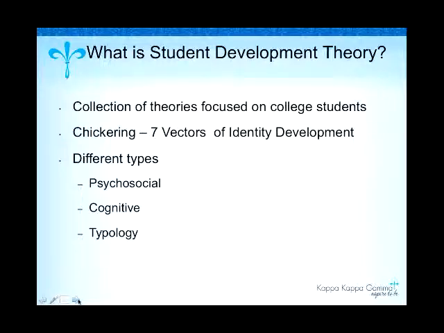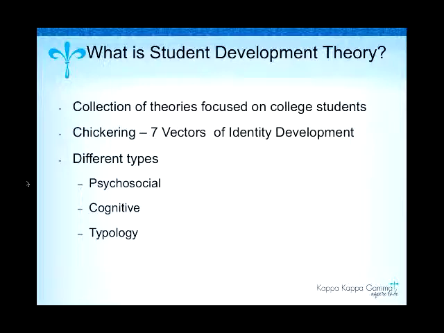And then the seventh vector is developing integrity. So the human values, personal values, and developing congruence between the two. I went into all that detail, and that's not on the slides, and I apologize for that. But I think that's helpful in making some sense of how students develop and search really throughout their time, four-plus years on campuses.